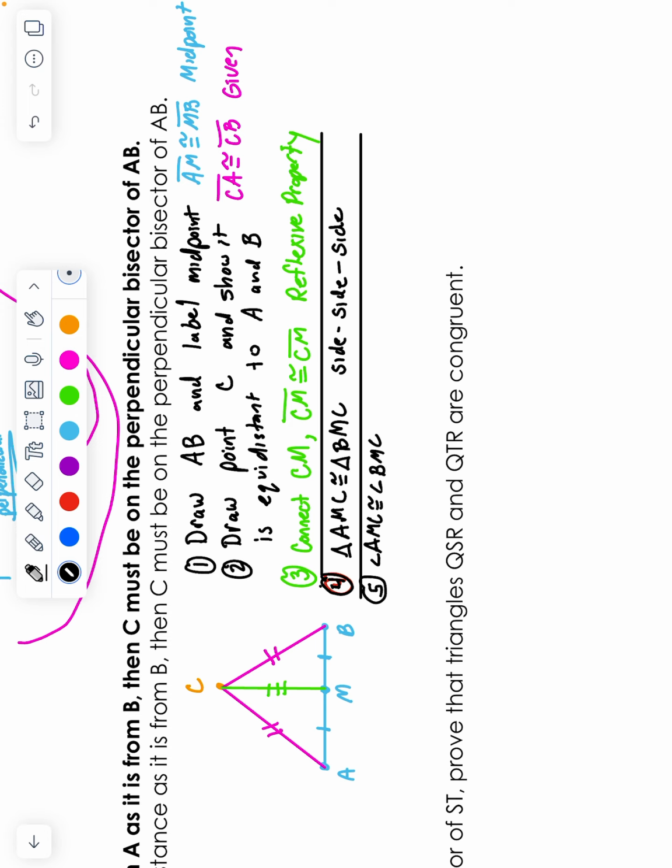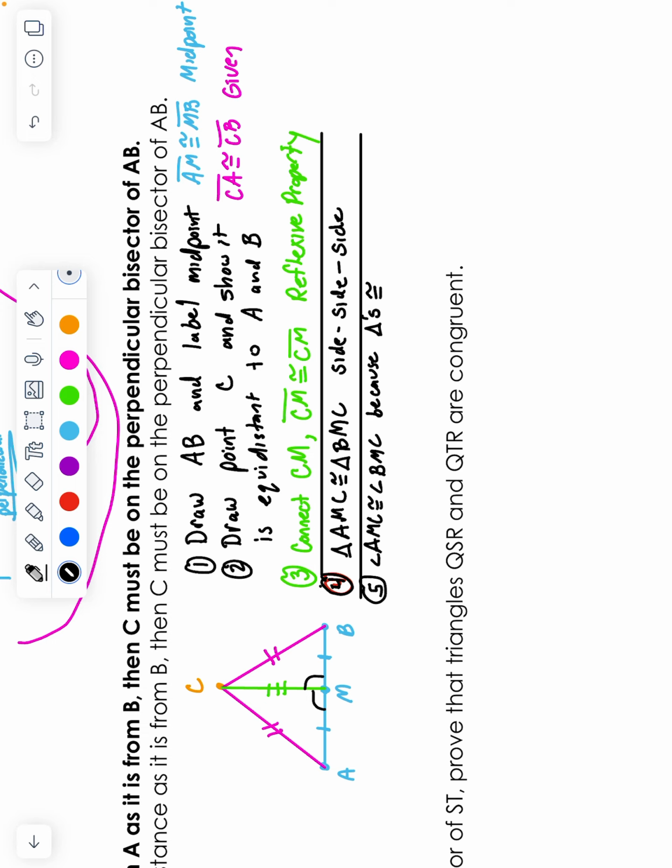Those two angles must be congruent because the triangles are congruent. Remember, that means the corresponding parts are congruent.